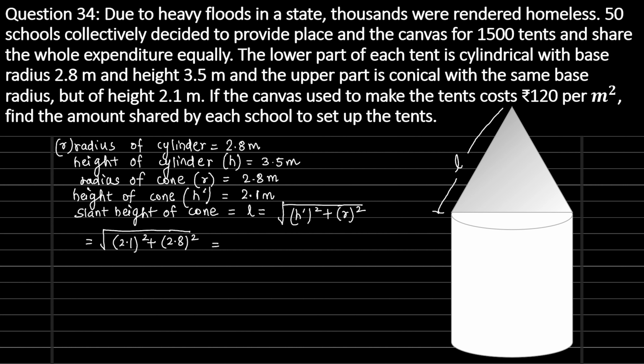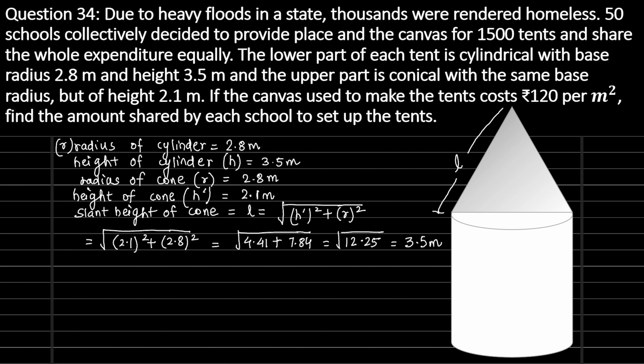So 2.1 whole square is equal to 4.41 plus 2.8 whole square, that is equal to 7.84. Its value will be ultimately 12.25, whose square root is equal to 3.5 meter.